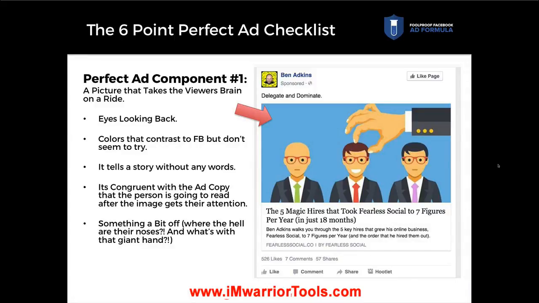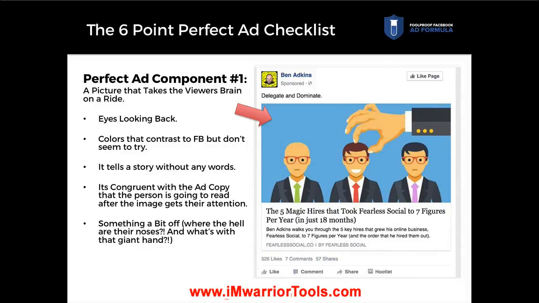Okay, so the next one is we're looking for a picture that has colors that contrast to that Facebook blue. If you look here at the top, our image with the foolproof Facebook ad formula almost has the same blue as Facebook. It's not exact, but it's close. And with that blue, we want colors that contrast with it. You can see these guys, their ties pop against that color.